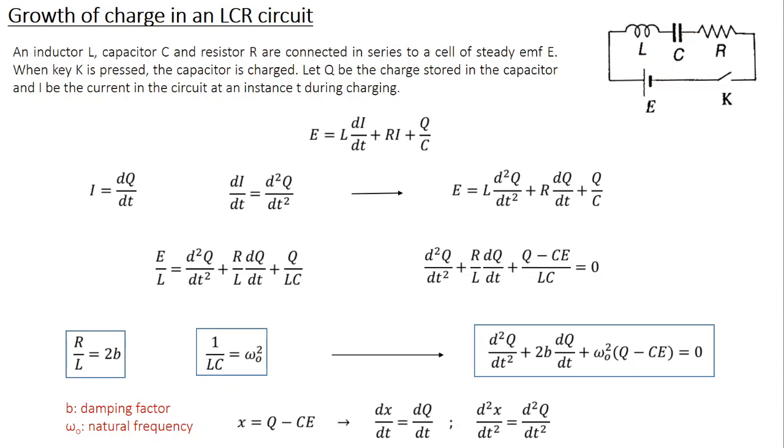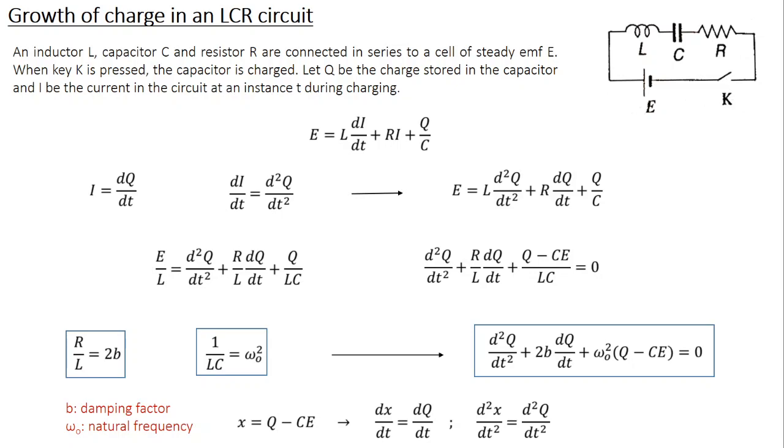Coming into the detailed analysis of the growth and decay of charges, let's consider an LCR circuit with inductance L, capacitance C and resistance R connected in series to a cell of constant voltage E. So using a key, you can control the current flow through the circuit.